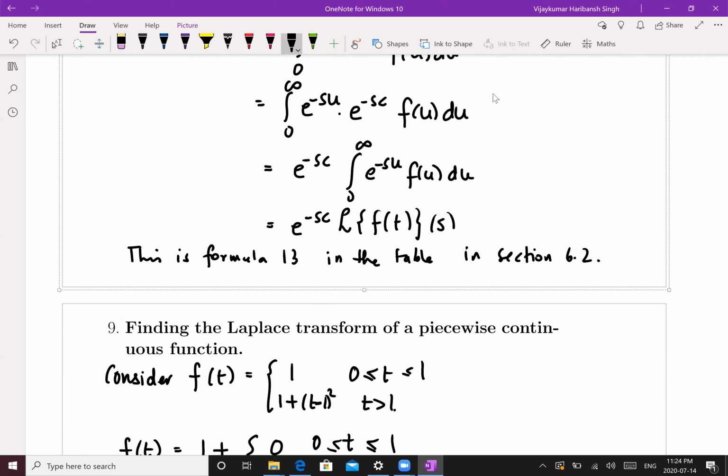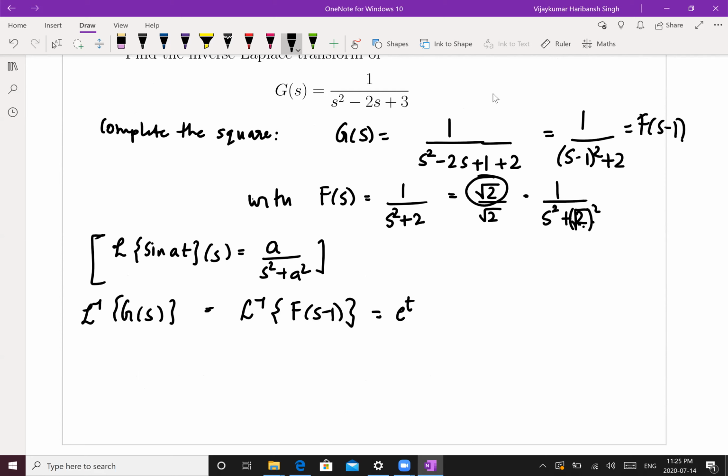So this is going to be e to the power t times the Laplace inverse of F of s. And now we already know the Laplace inverse of F of s.